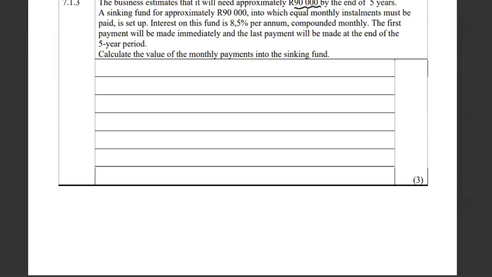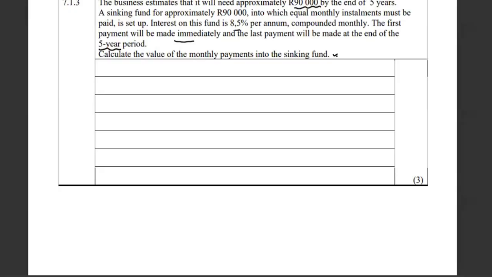So a sinking fund of this much, with equal monthly installments, is set up. Interest on this fund is 8.5% per annum compounded monthly. The first payment will be made immediately, and the last payment will be made at the end of the 5-year period. Calculate the value of the monthly payments into the sinking fund.